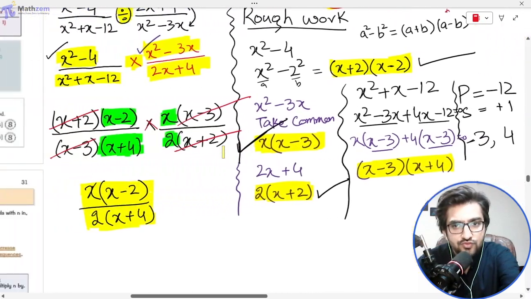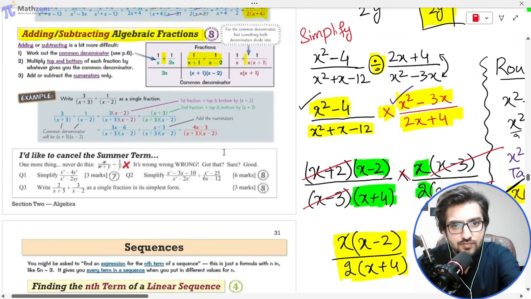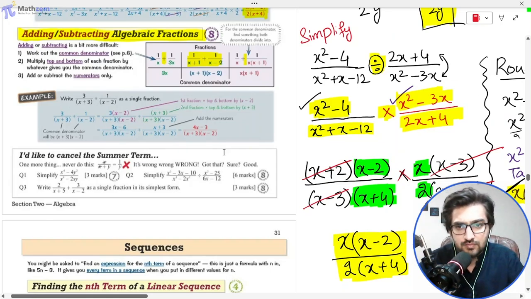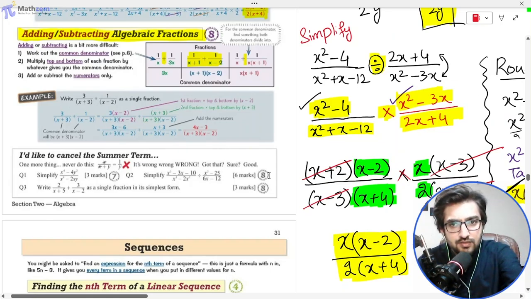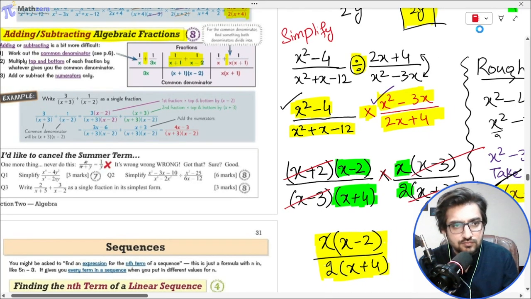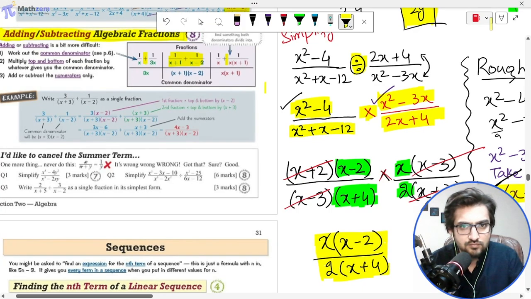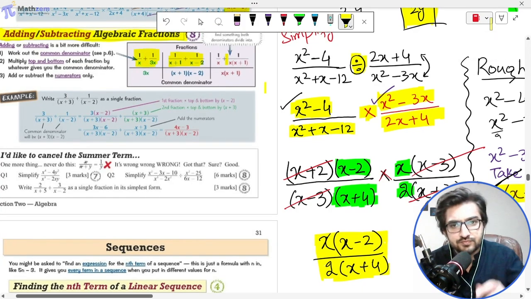Let's solve few more questions related to algebraic fractions. Okay, let's solve that question. This one. Let's solve this question now.